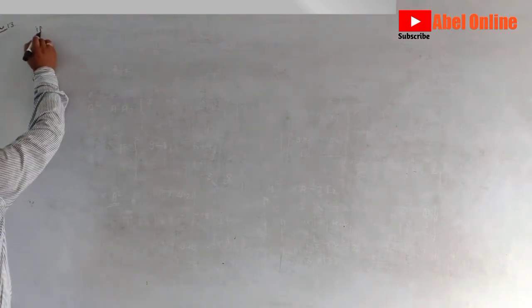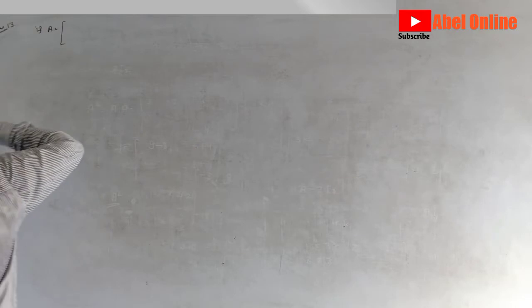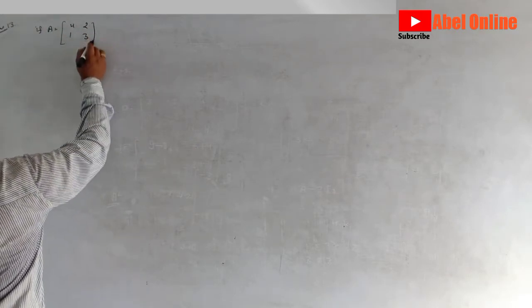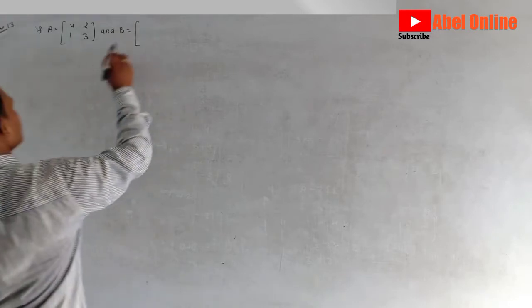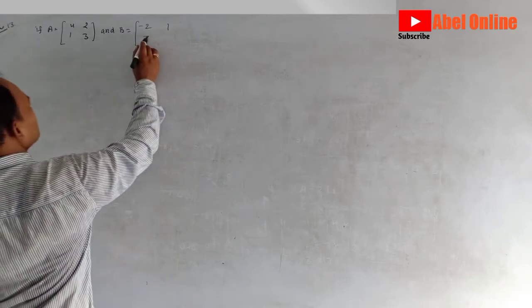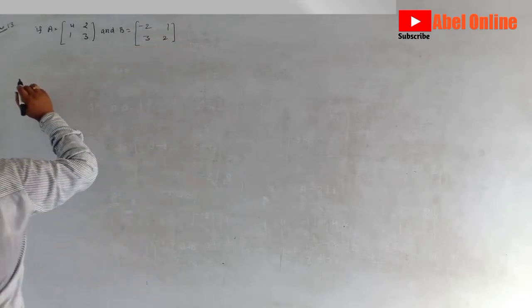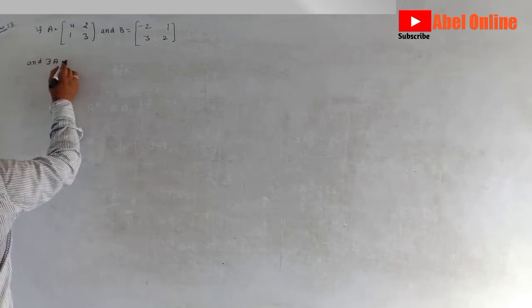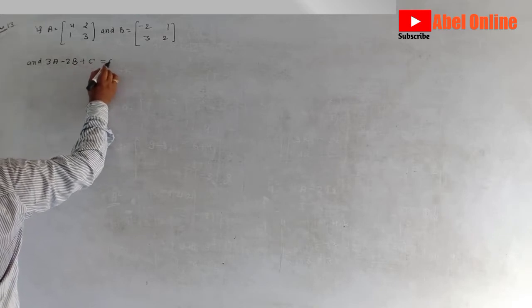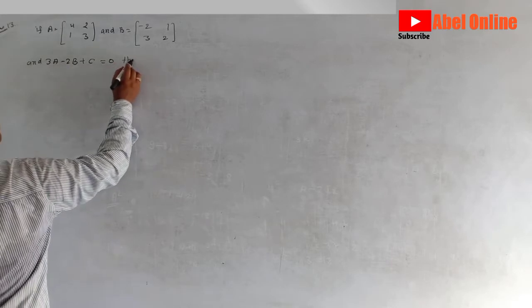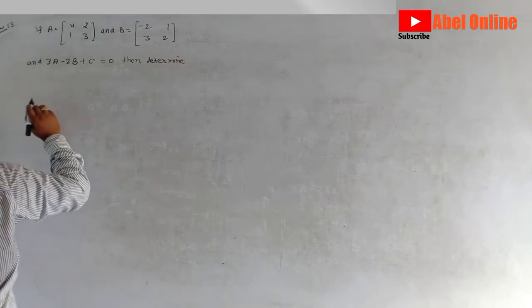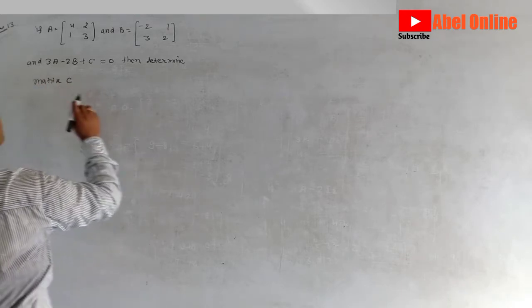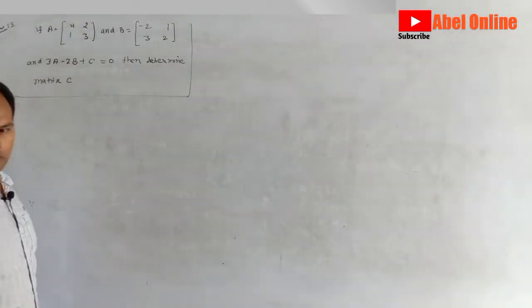So today we are going to solve first question number 13, that is: if A equals [4 2; 1 3] and B equals [-2 1; 3 2], and 3A minus 2B plus C equals 0, then determine matrix C. So students, this is your question, and how to solve this question?